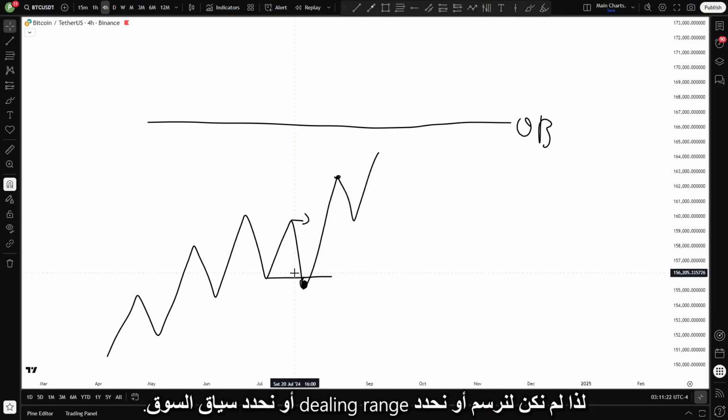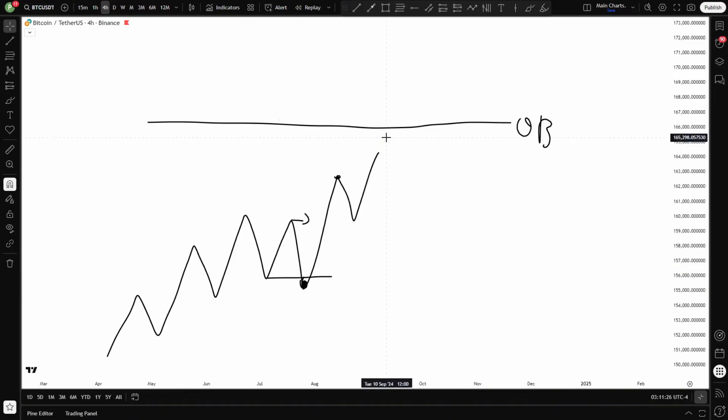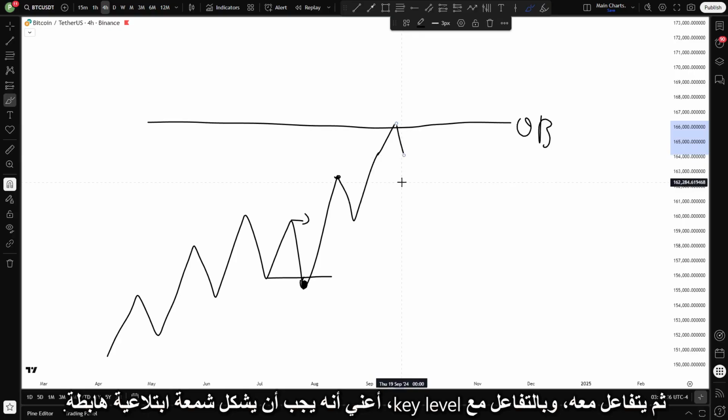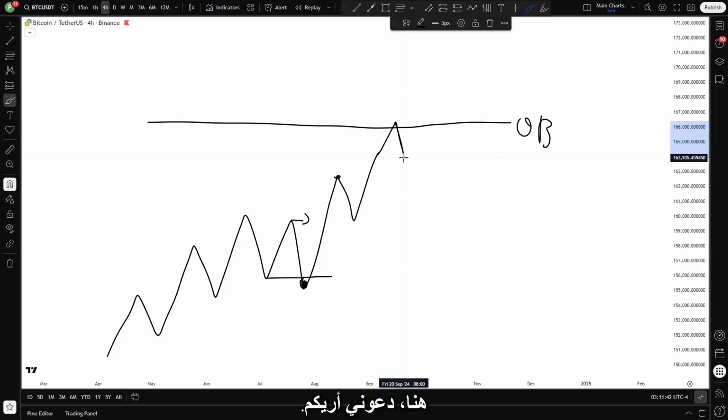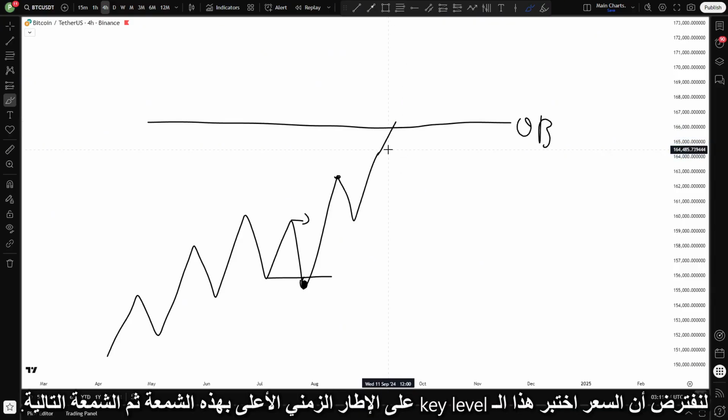So we wouldn't have marked out our dealing range or our market context. Let's say price continues going higher and then it tests a key level and then it reacts to here, and by reacting to a key level I mean it must form a bearish engulfing candle here. Let me show it to you.